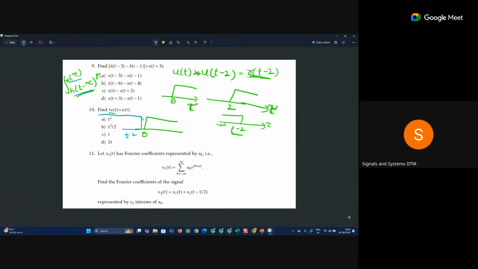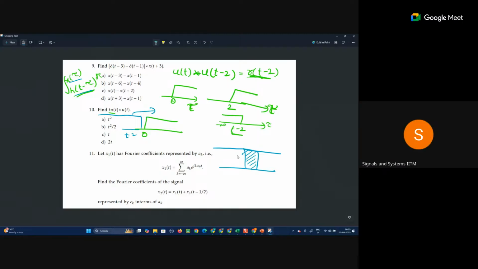But we have to check after shifting, for each and every t. So it will be shifting in this way. After this I have to multiply both sides, and after multiplying we will get 1. So we'll be getting this, which is not equal to r of t.